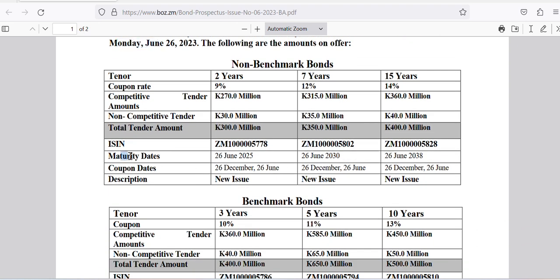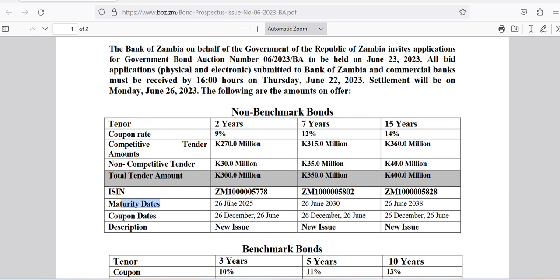Okay, so the maturity date is 10 years from the time that you lent the money, in this particular case, sorry, it's 2 years from the time that you lent them the money. For the 7-year bond, the maturity date is 7 years from this date, and so on.